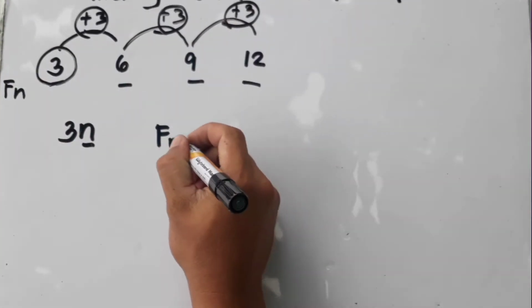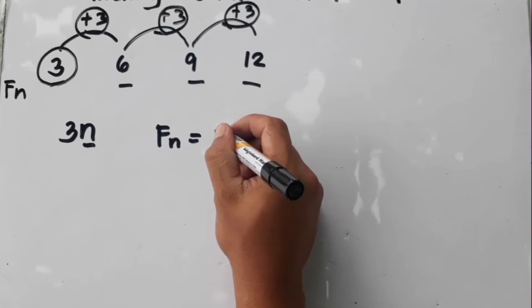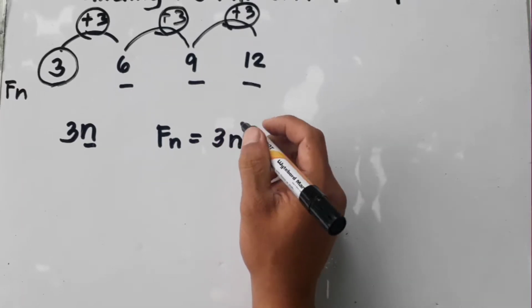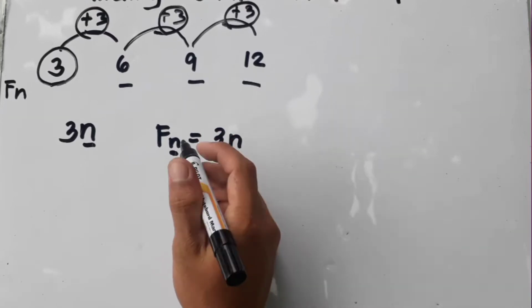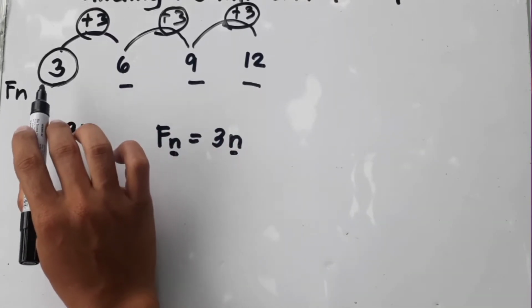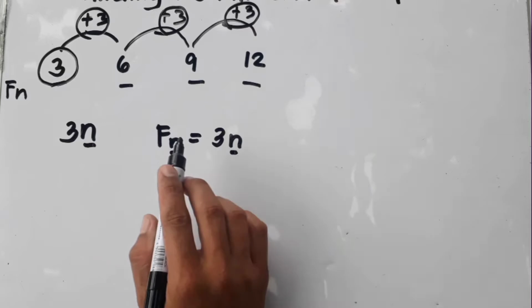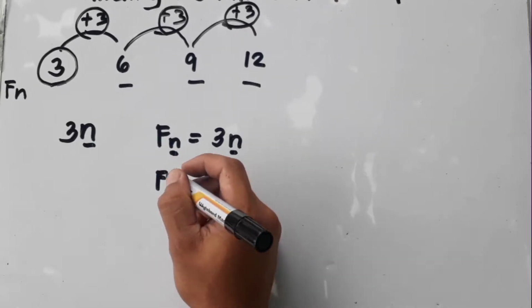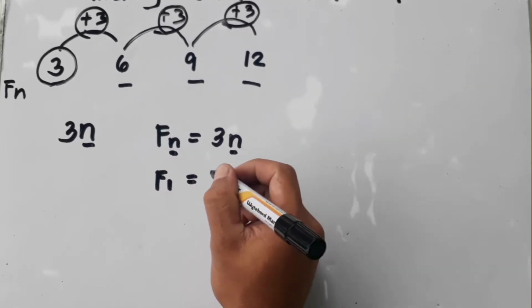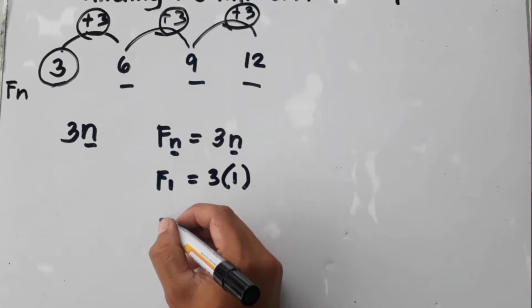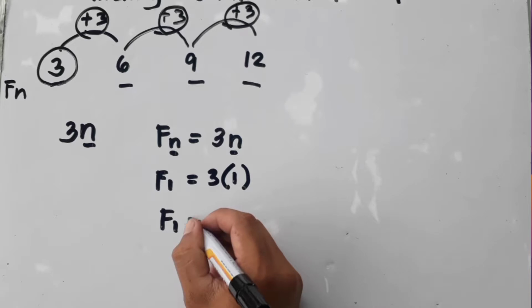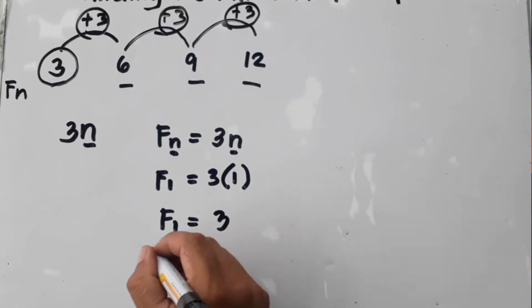So we have f sub n equals 3n, and then we are going to substitute n for the first term. So we are going to substitute n by 1. So we have f sub 1 equals 3 times 1. So our first term is 3.